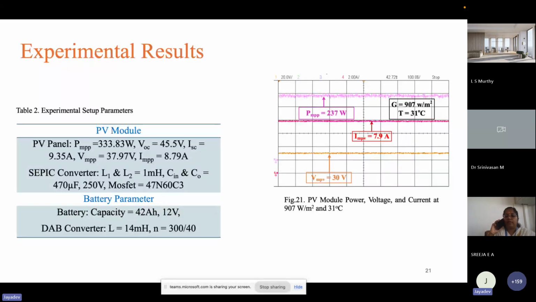At that time, we were able to extract around 237 watt from the PV panel. If you calculate theoretically, that is near the maximum power at that irradiation.